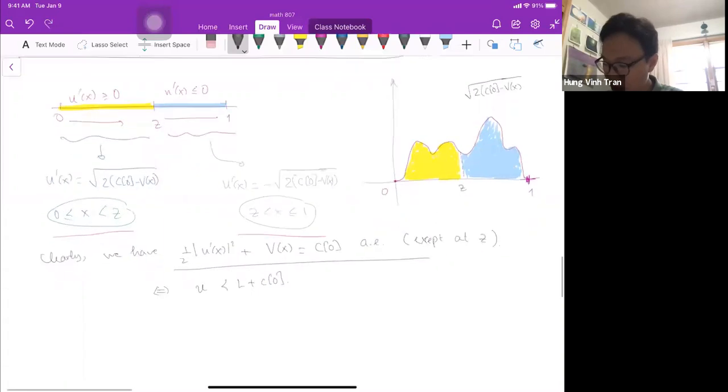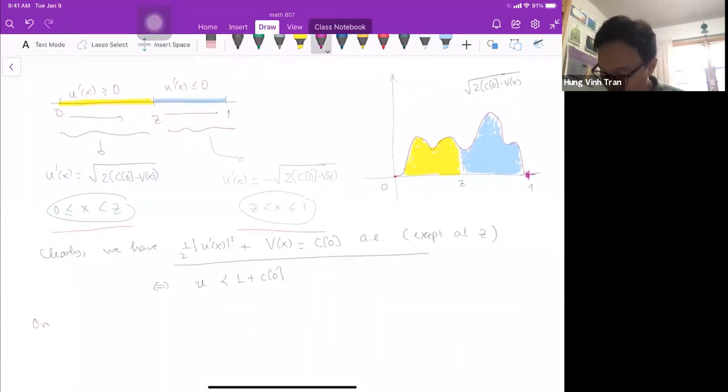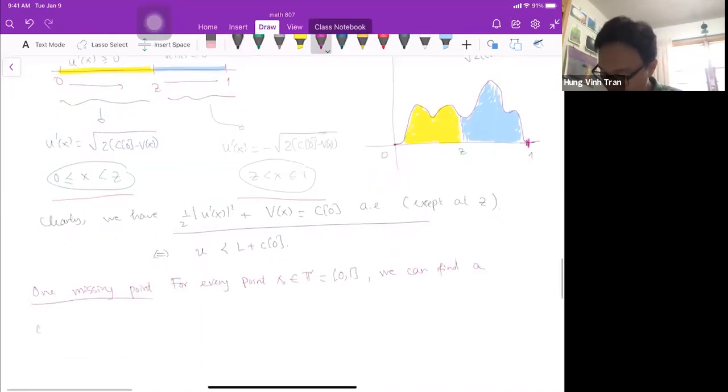So there's one missing point. What I owe you is that we need to show that for every point, say x naught, in the torus, in this case identified with the interval 0, 1, we can find a calibrated curve gamma mapping from (-infinity, 0] to the torus such that gamma 0 equals x naught.